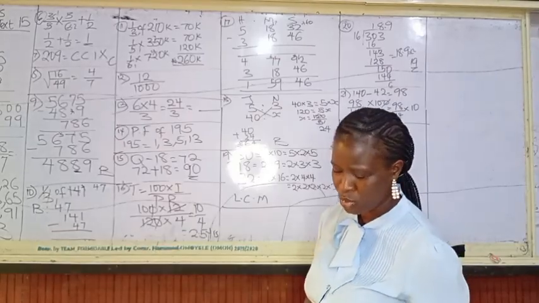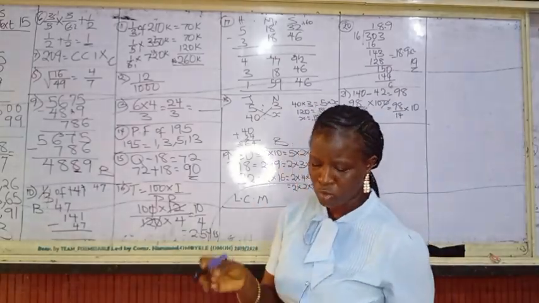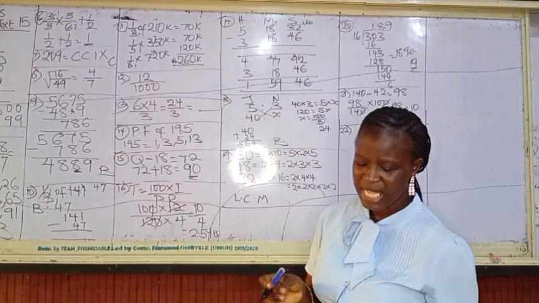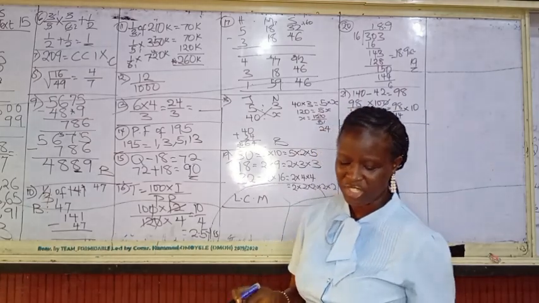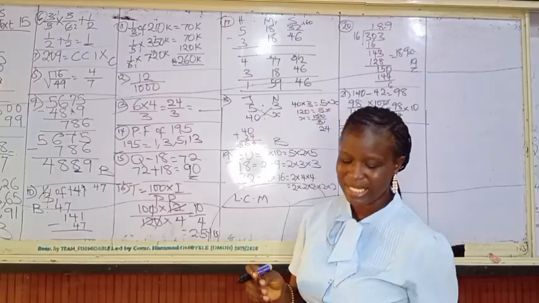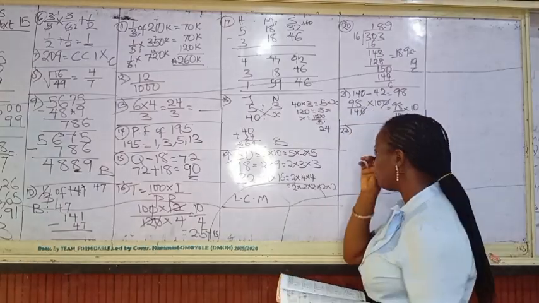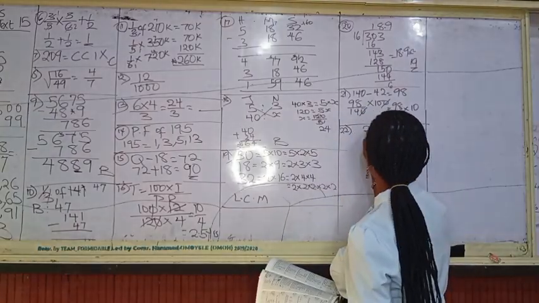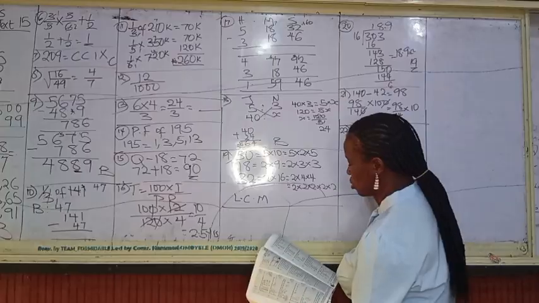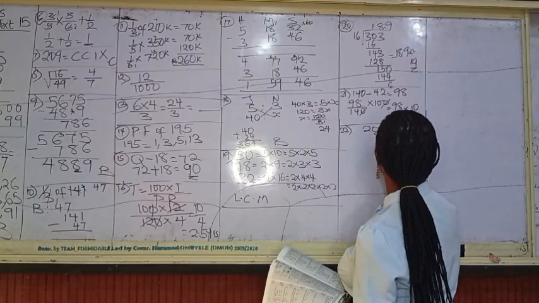section. Number 22. What is the sum of 2 kg, 840 gram, 9 kg, 460 gram, and 920 gram? Let's have all of them in the same unit. 2 kg is multiplied by 1000, which is 2000. We have 840 gram.